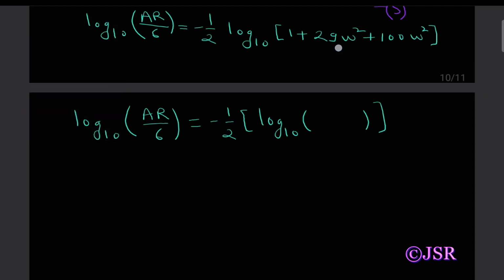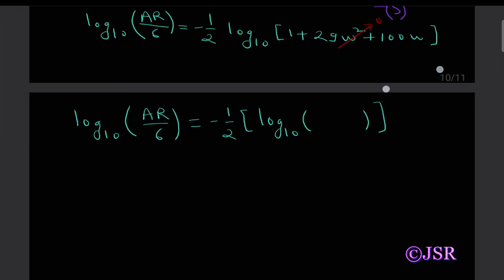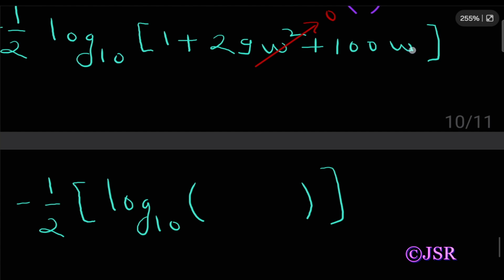So here omega tends to 0. So basically this is not omega square, this is omega to the power 4.